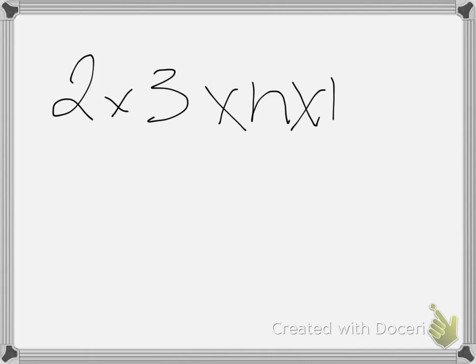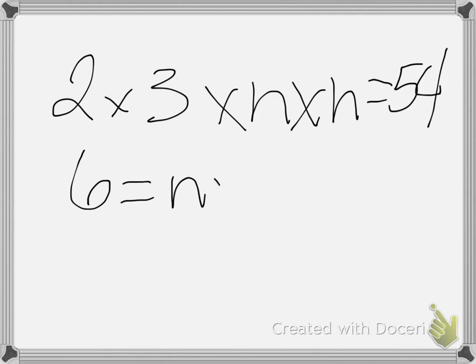Now, here's one. You have 2 times 3 times n equals 54. Well, we know our order of operations, so let's start here. What's 2 times 3? It's 6, so 6 times n equals 54.